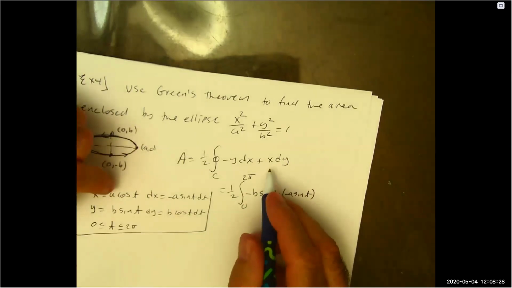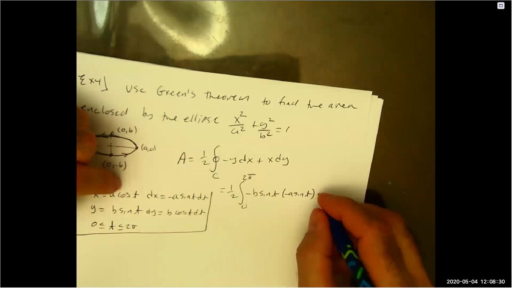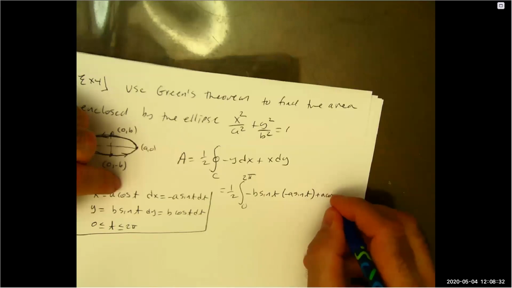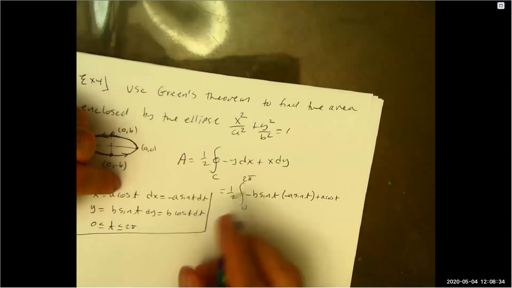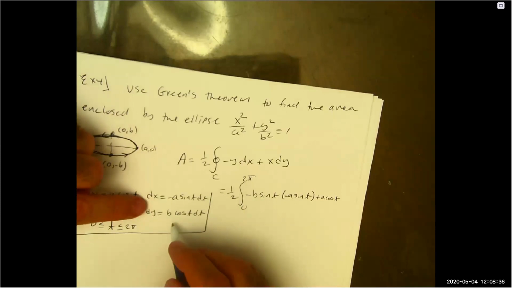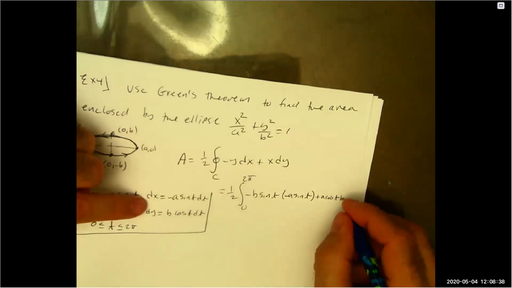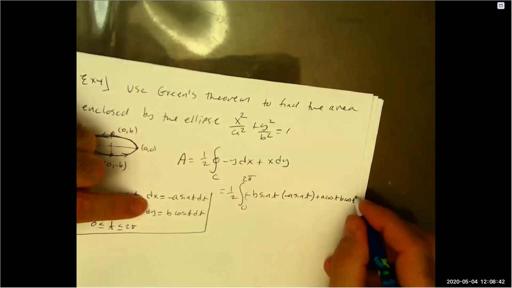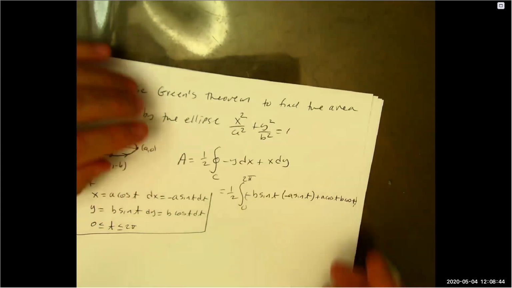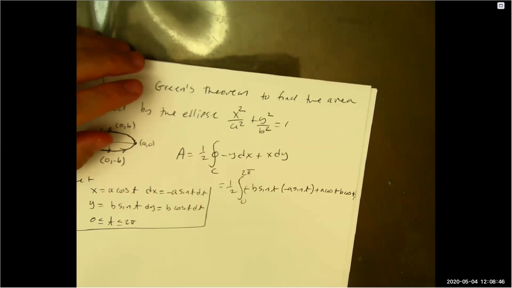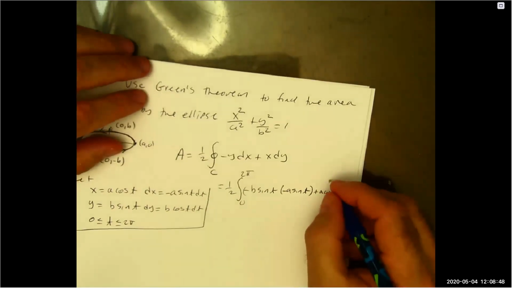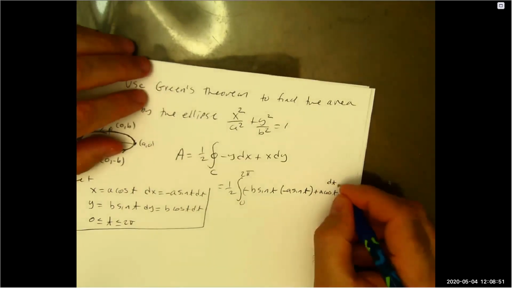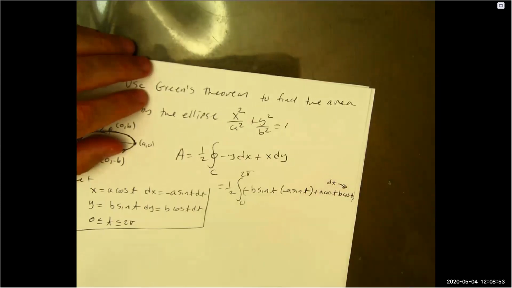And then the x is equal to a cosine t, and then the dy is equal to b cosine t. And then I have the dt. I kind of ran out of room for the dt there, sorry. So the dt is at the end there.